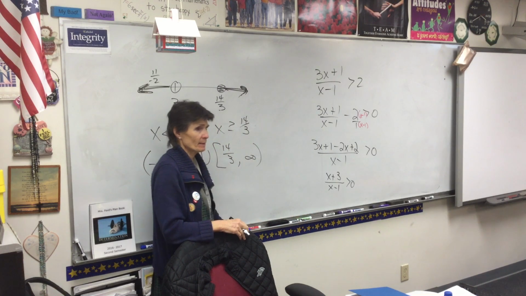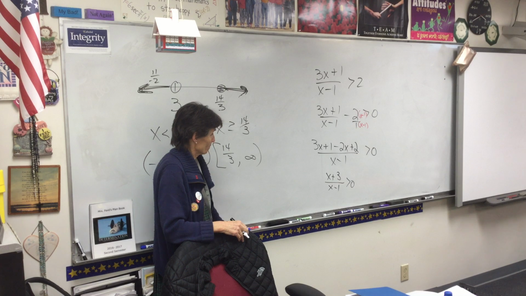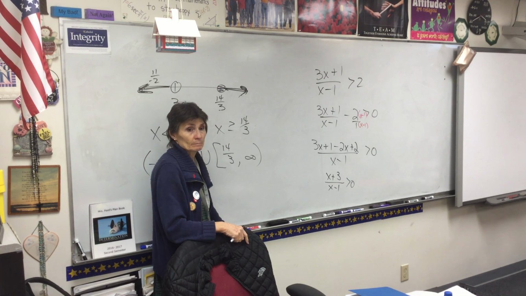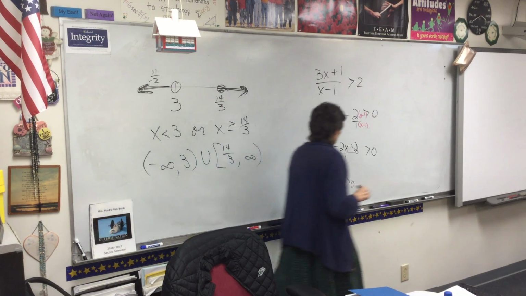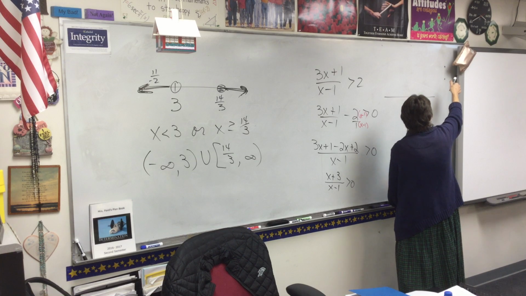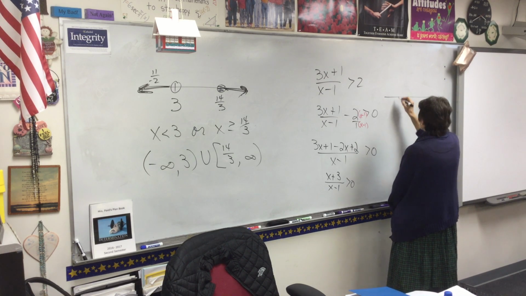Does that make sense to everybody? Everybody with me up to this point? All right, we're ready to draw the number line. Where are the dots going? Where do the dots go on the number line?